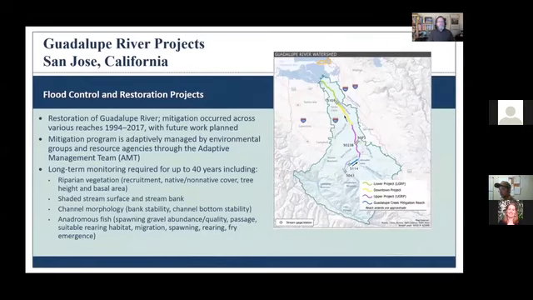This pilot study is focused on the Guadalupe River in San Jose, California, in the heart of Silicon Valley. Since 1994, a variety of restoration and mitigation projects have been conducted on the river.